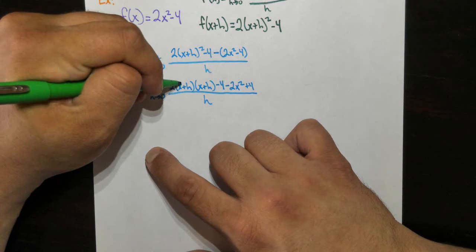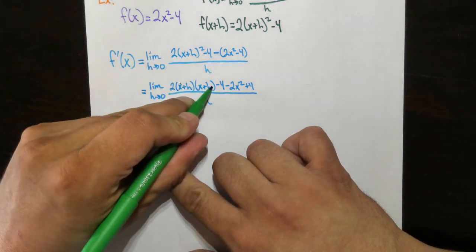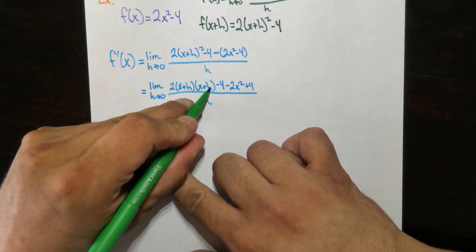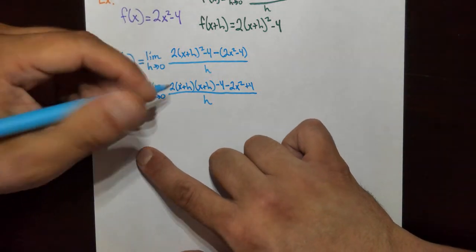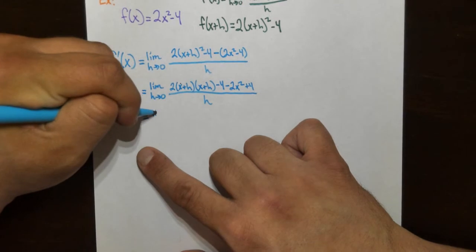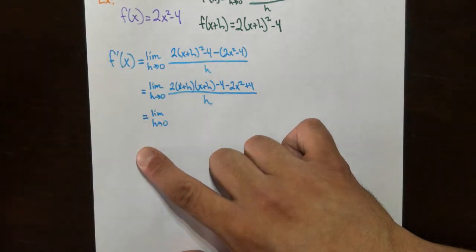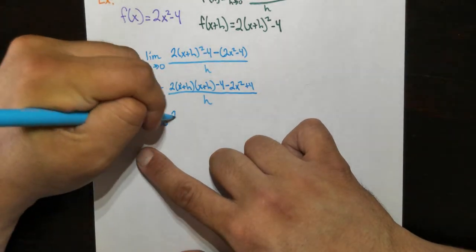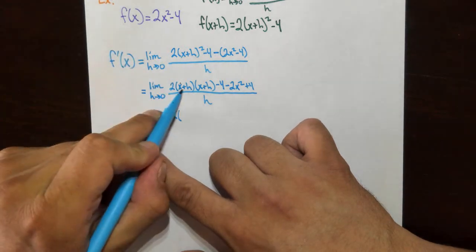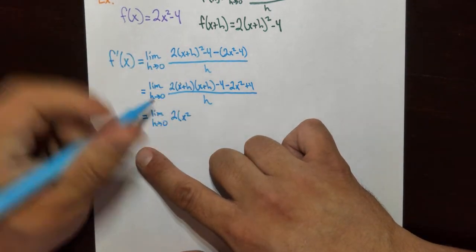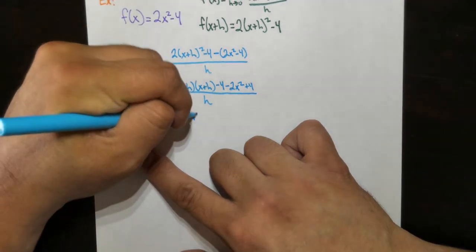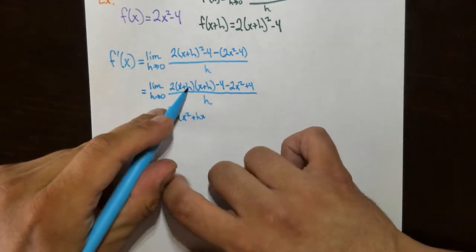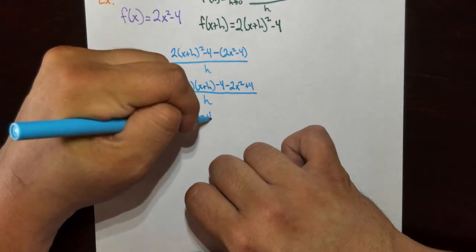So we need to multiply this x to both of these and multiply this h to both of these, and we'll deal with the 2 later. So the limit as h approaches 0 of 2, and let's see here. x times x is x squared. x times h is going to be plus hx. h times x is again hx.